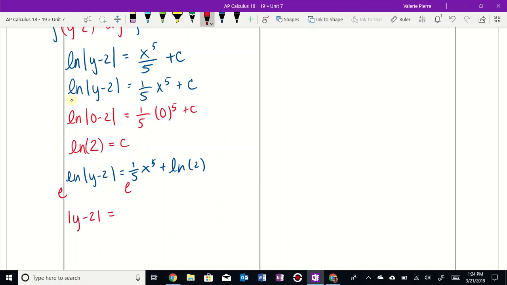And then on the right side, properties of exponents tell us that if our exponent is separated by addition, it's the same thing as taking e to the 1/5 x to the 5th times e to the ln of 2. So we're going to separate this using properties of exponents.